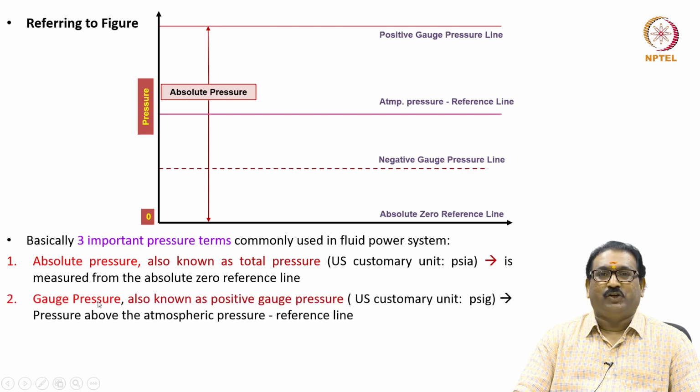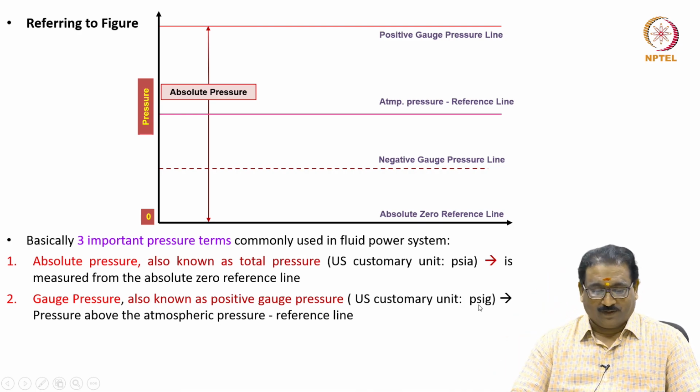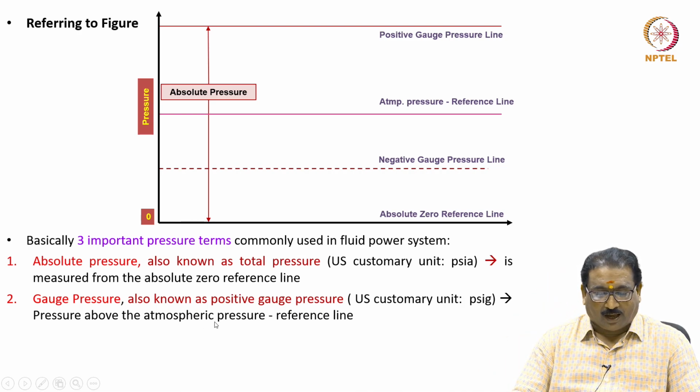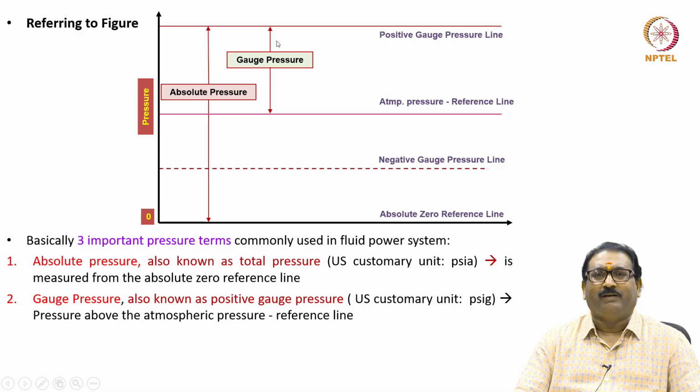Next one is gauge pressure, also known as positive gauge pressure. In US customary units, it is PSIG, pounds per square inch gauge, where G is gauge. This is pressure above the atmospheric pressure reference line. Here you can see above this is the gauge pressure.